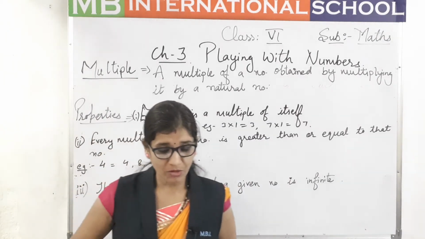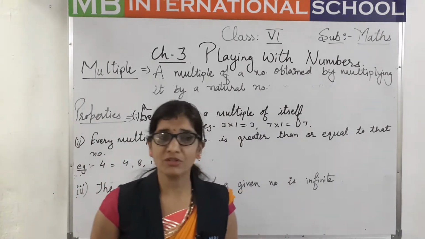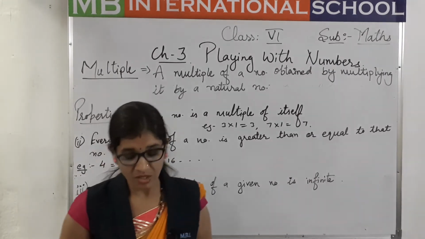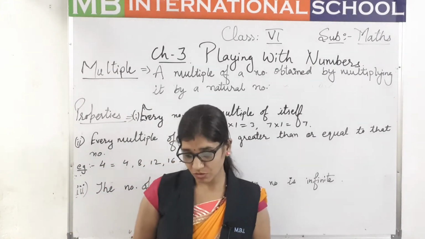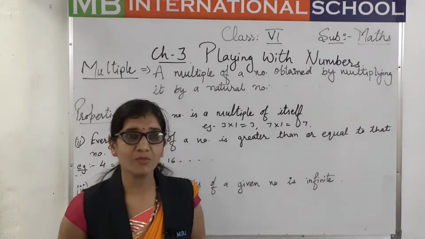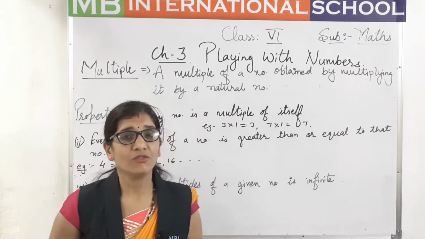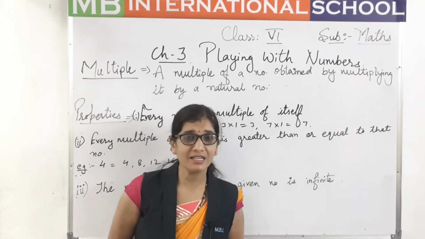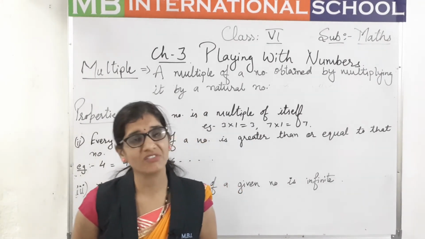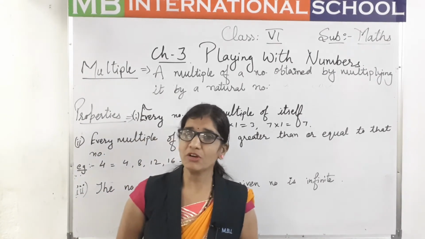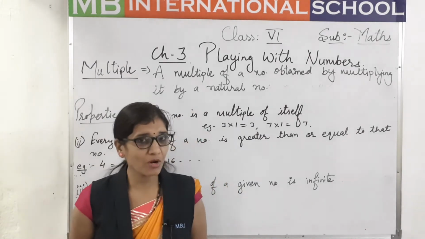Now first of all, you have to learn the test of divisibility rules. You have the book. On page number 58, you have the tests of divisibility. We studied divisibility rules in earlier classes also, but I think you have not learned them properly.